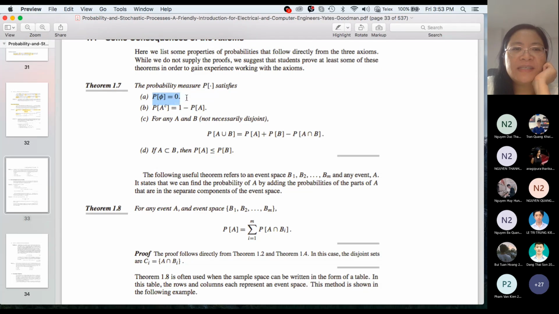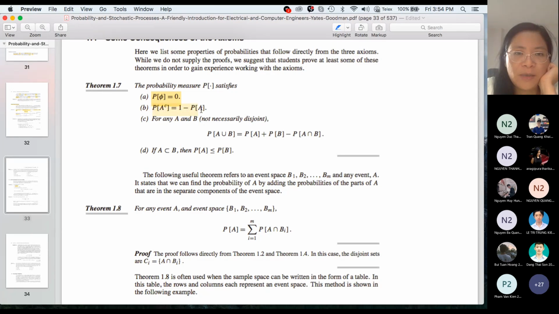We proved that the probability of the empty set equals 0. A complement and A are mutually exclusive events. So the probability of A complement plus the probability of A equals the probability of the sample space, which equals 1.